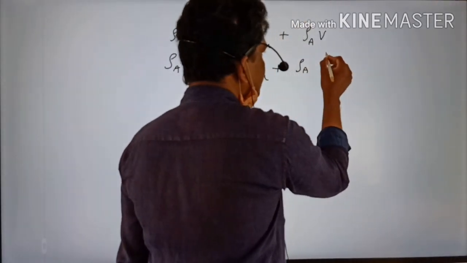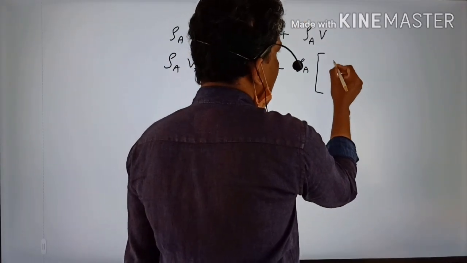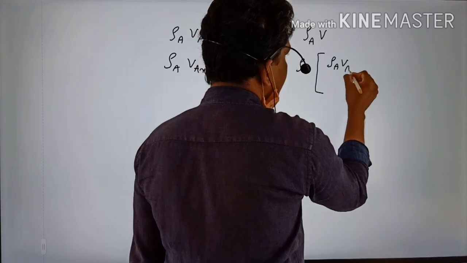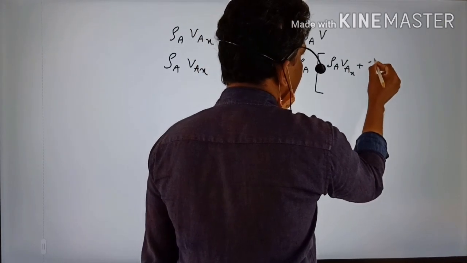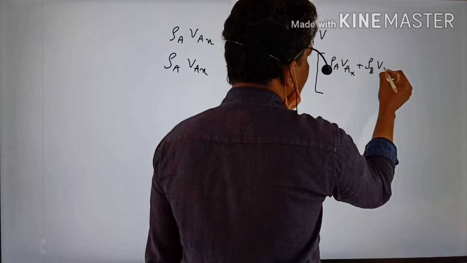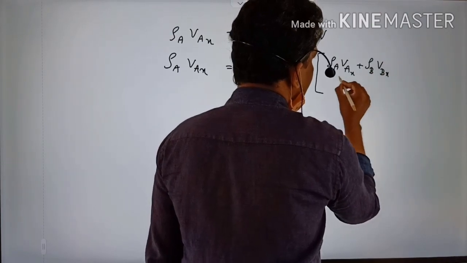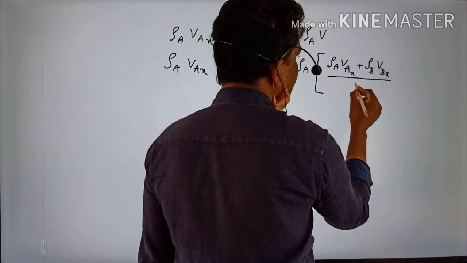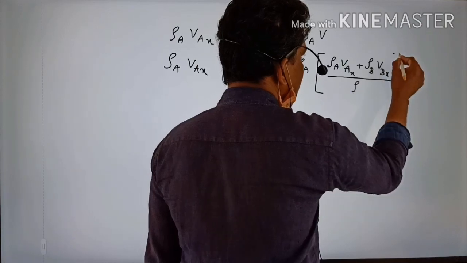We know that V is equal to rho A VA plus rho B VB divided by rho A plus rho B, or rho.